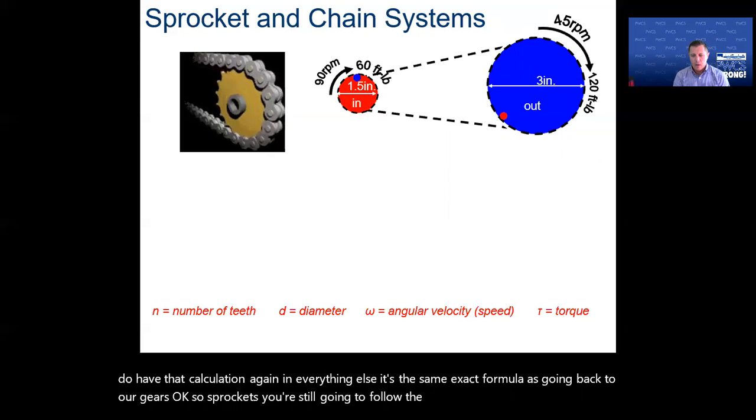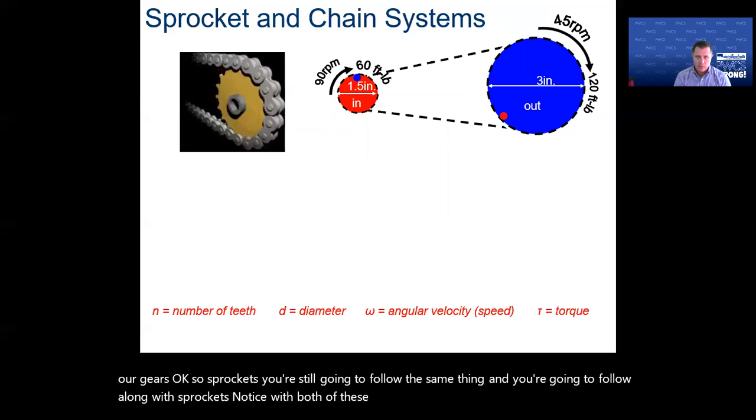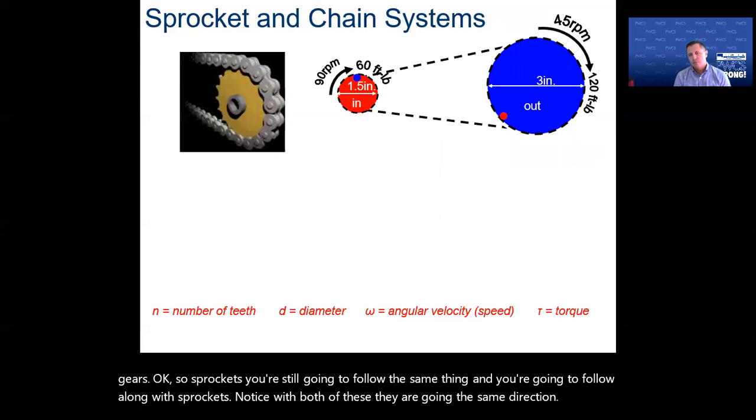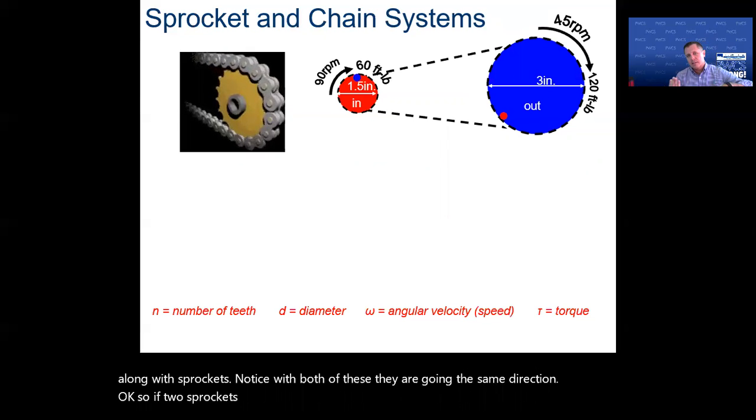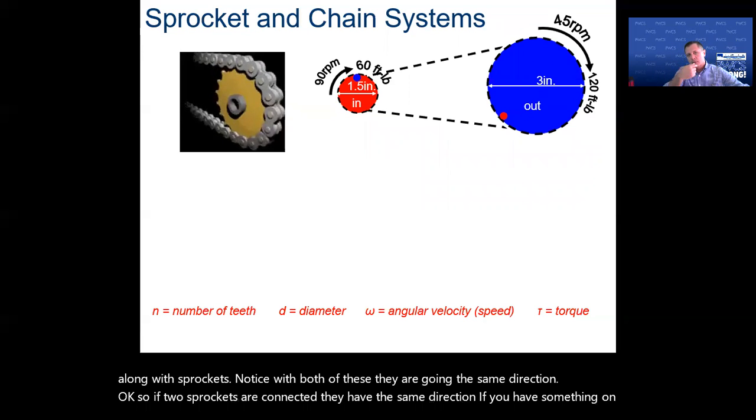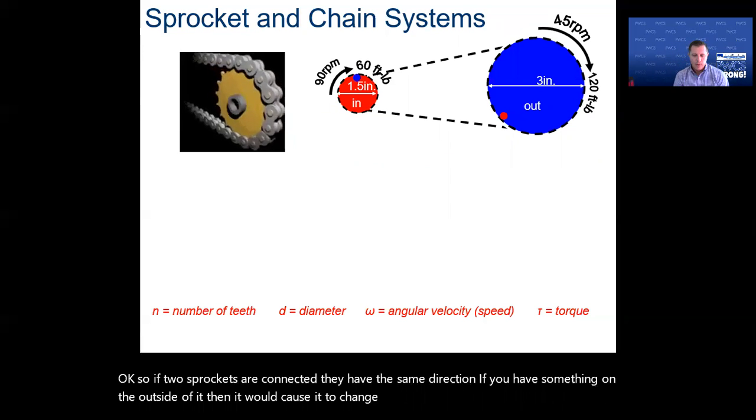With sprockets, notice with both of these, they're going the same direction. So if two sprockets are connected, they have the same direction. If you have something on the outside of it, then it would cause it to change the direction. So go ahead and do your calculations here. Pause it and do your calculations now.